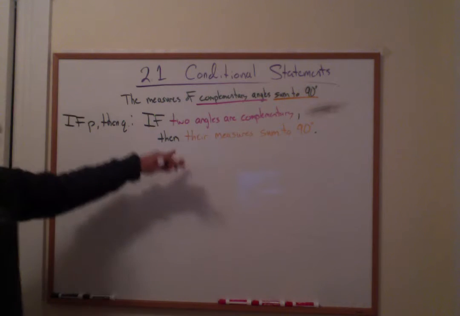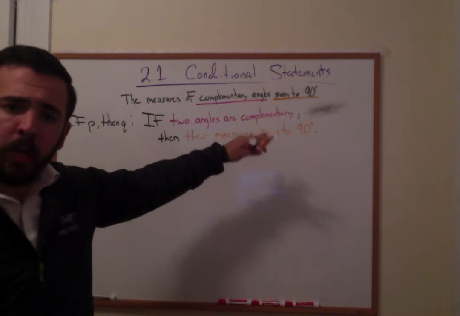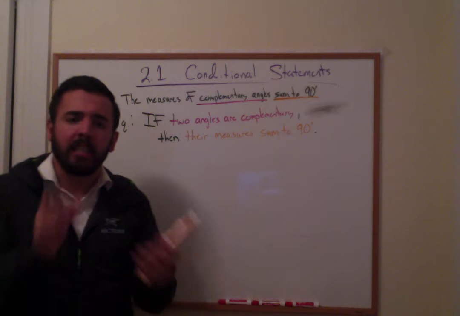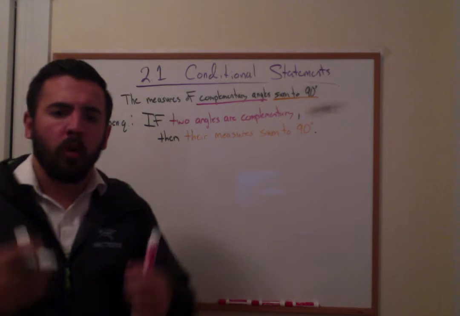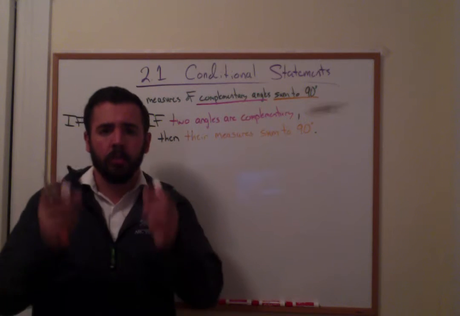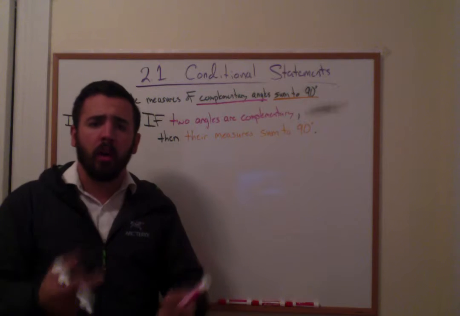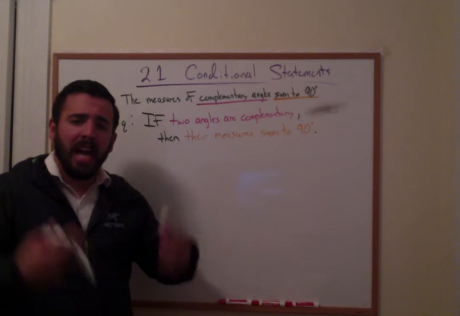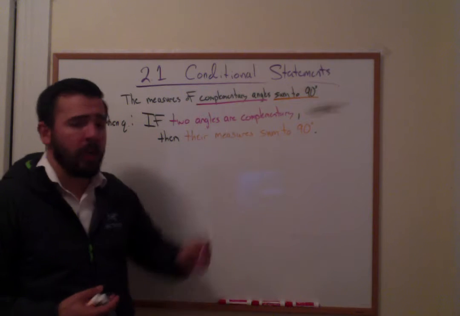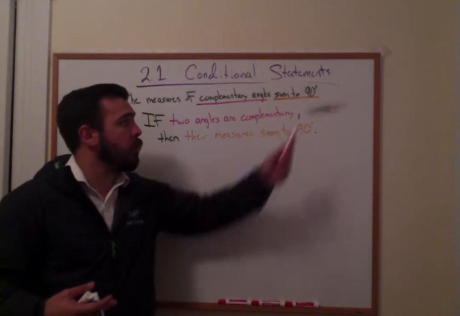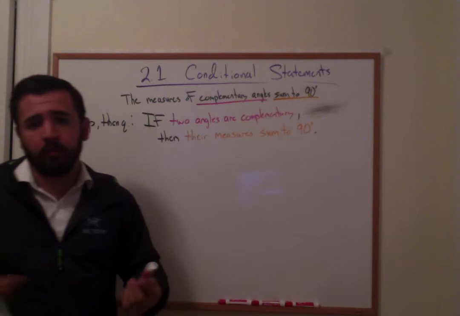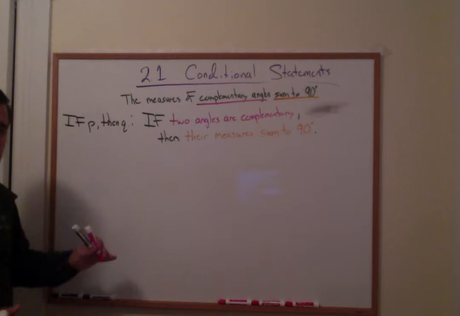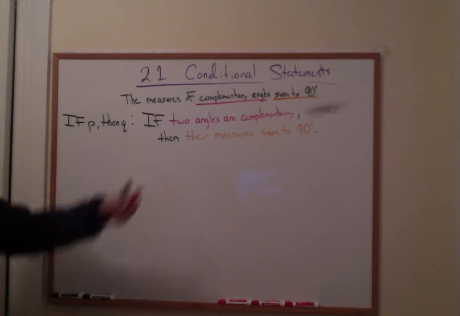So notice how what I had underlined in the original statement is not exactly what you see in the conditional statement. It's slightly restructured, but the core concept of those parts are the same. The hypothesis has to do with angles being complementary. The conclusion has to do with their measures adding up to 90 degrees. So, that is our conditional statement. If P, then Q.